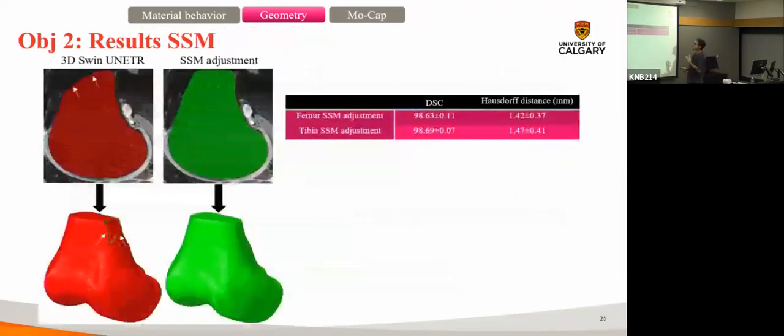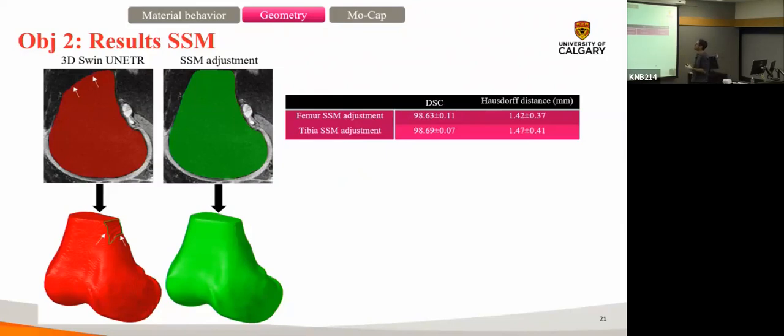And then we apply SSM to fix the artifacts, to fill the holes created by Swin UNETR. Sometimes in some slices, we have some holes, we have some artifacts. It fills those, and also it gives you a smooth surface.